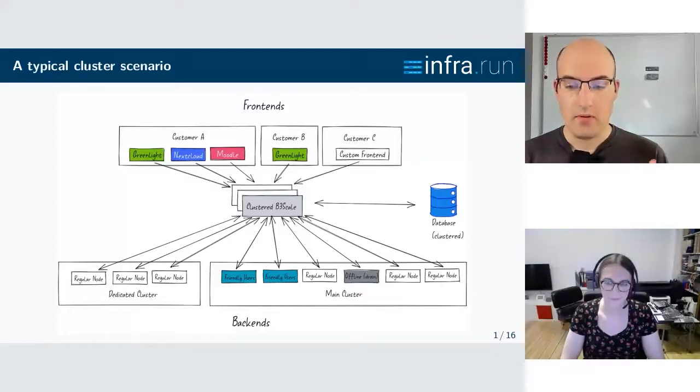Usually when you build your cluster, you arrive at the conclusion that there isn't only one application that is using your one Greenlight or whatever.